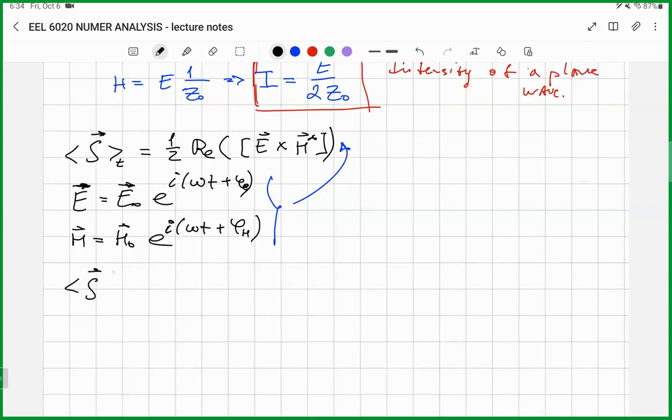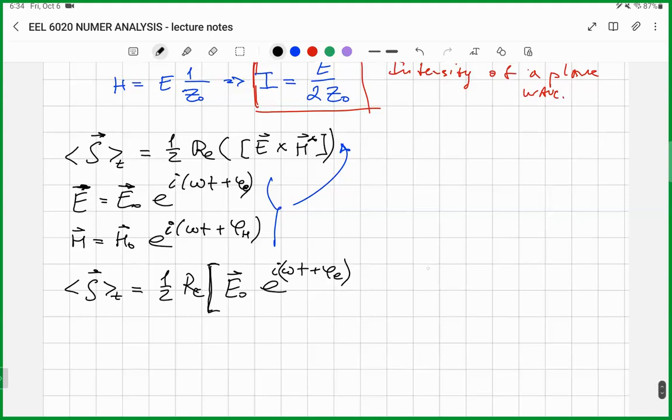For the time average of the Poynting vector, I get 1/2 the real part of the electric field, E0 vector, e to the power of i omega t plus phi e.